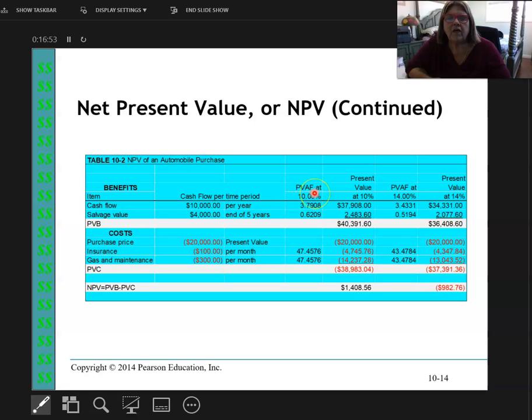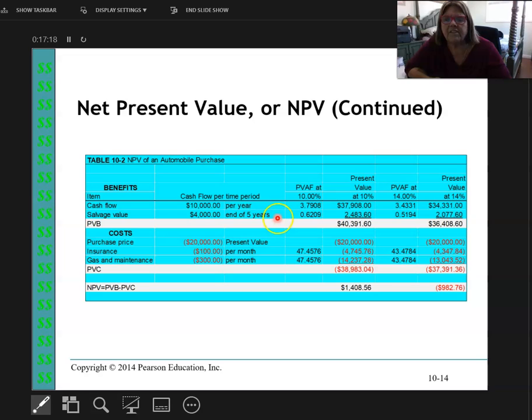Present value. PVAV, I think that's present value of annuity, at 10%. So this goes back to my present value chart, and this would be the multiplier. I'd multiply this times 10,000, for 5 years.